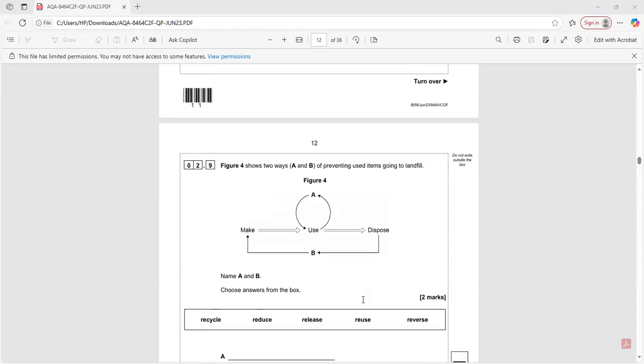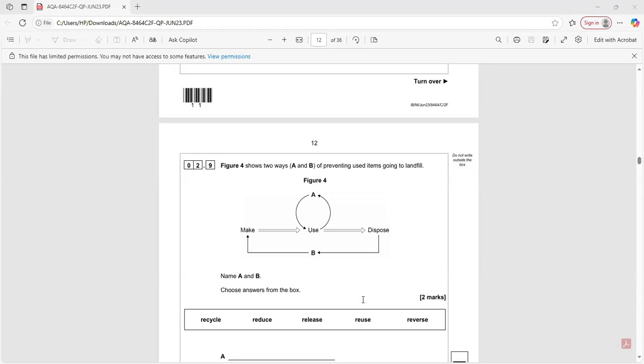Okay. Moving on. It says figure 4 shows two ways, A and B, of preventing used items going to landfill. And it now says you should name A and B. Choose answers from the box.